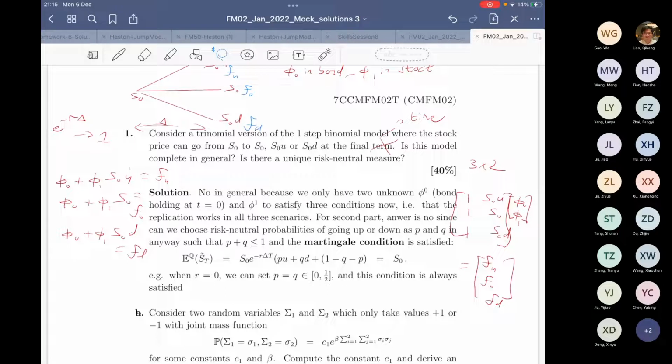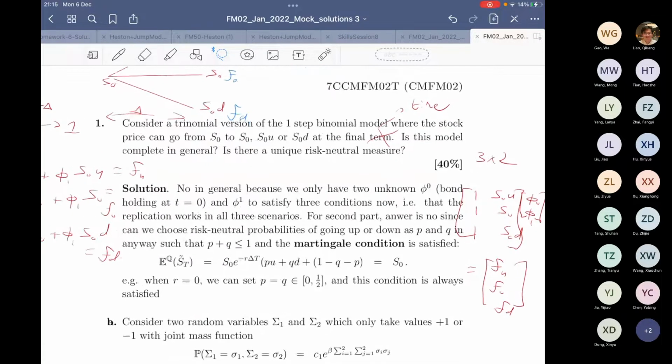Well, the answer is also no, since we have some freedom now in choosing the risk neutral probabilities of going up. The condition that has to be satisfied, if you remember, this is a while ago, is that the discounted stock price, this is only a 1 period model so it's a very easy calculation, has to be a martingale.